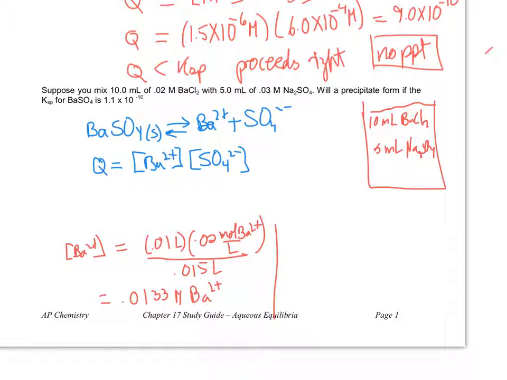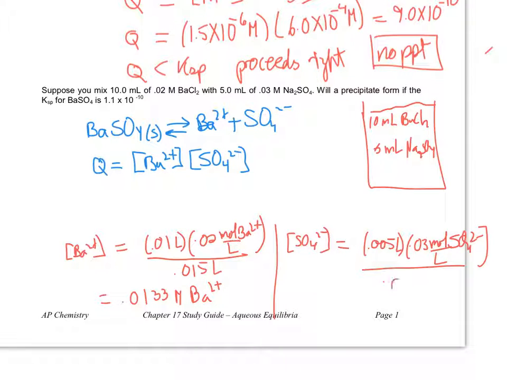You could also, if you prefer, do M1V1 equals M2V2. You could do that. The next one is my sulfate ion. And so I have 5 milliliters of that, which is 0.005 liters times 0.03 moles per liter of sulfate.